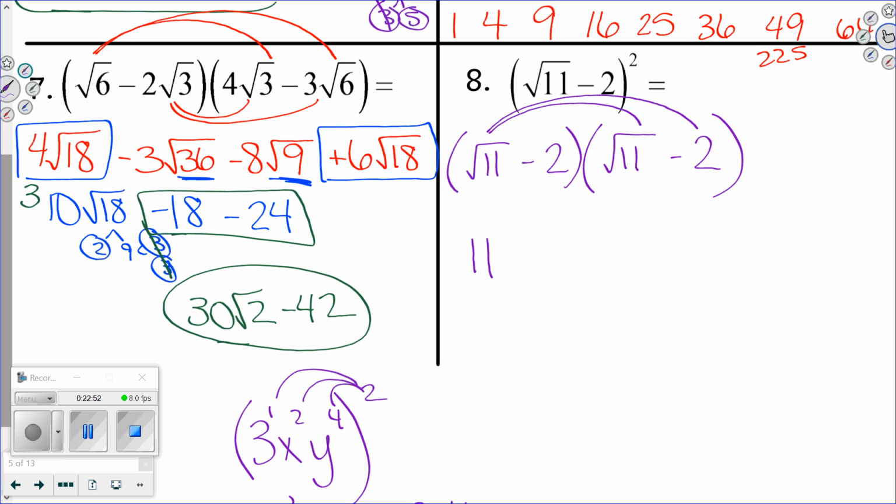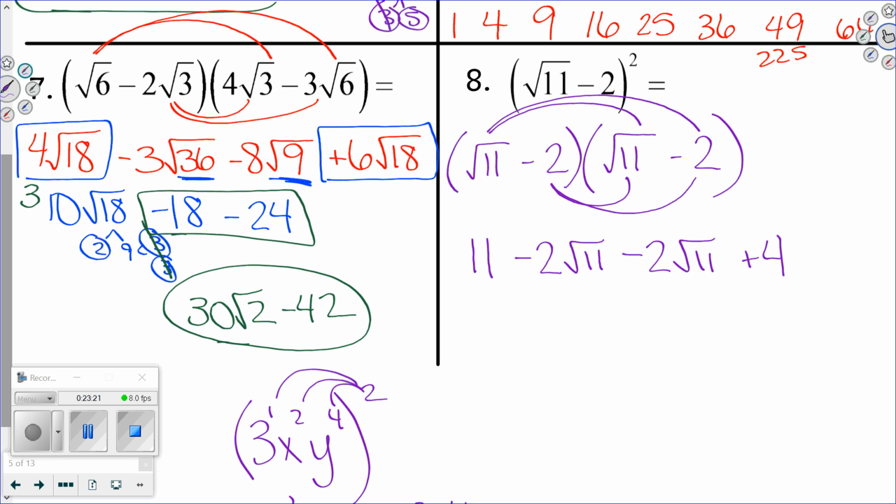Radical 11 times negative 2. Outside, inside, right? So that's negative 2 radical 11. Inside. So distributing here gives me negative 2 radical 11. And then distribute to the last one. Negative 2 times negative 2 is positive 4.